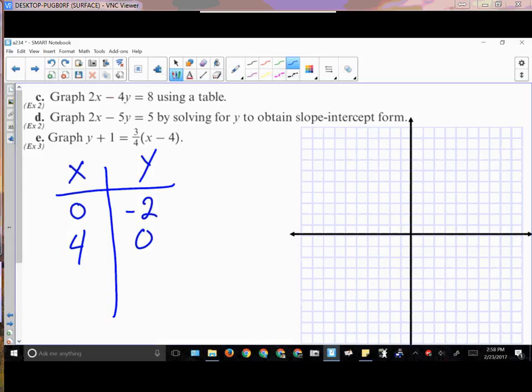So when they mean you to use a table, you don't have to use a whole boatload of numbers, do you? You can just get by using the zeros. So X is 0, Y is at -2 is down here, X is at 4, 1, 2, 3, 4. So I've got my line going through those 2 points.